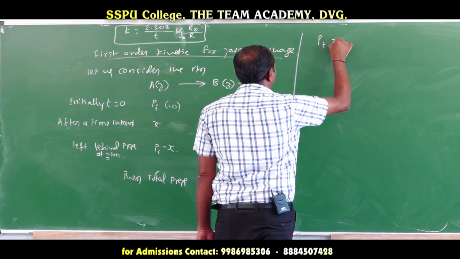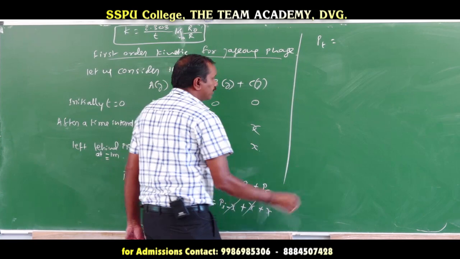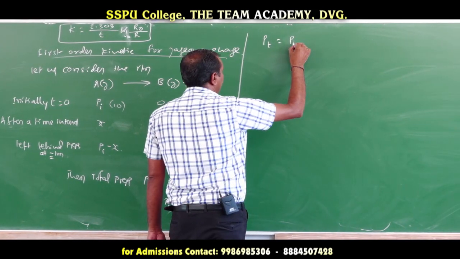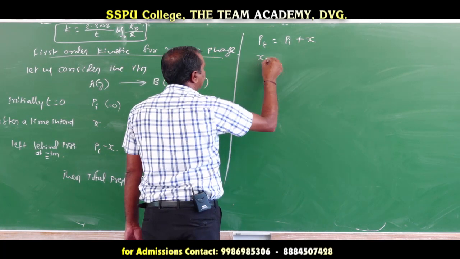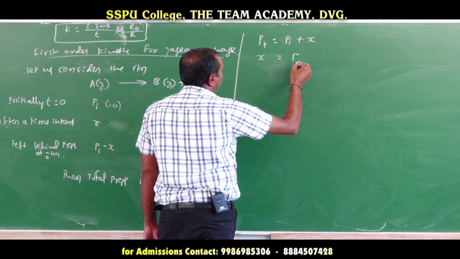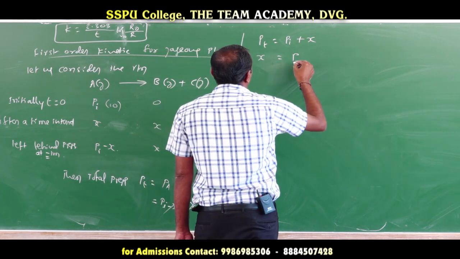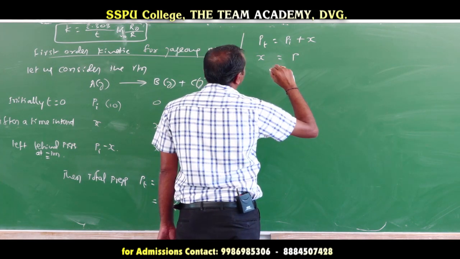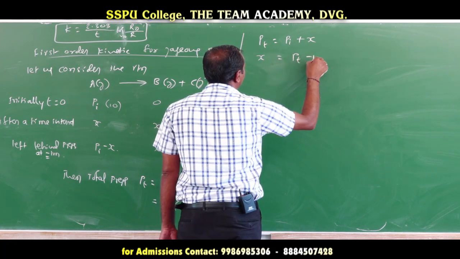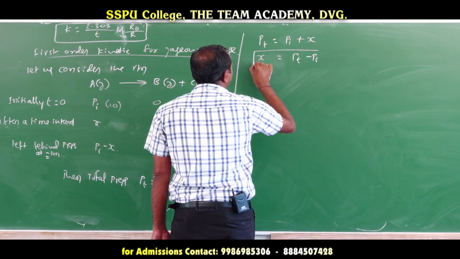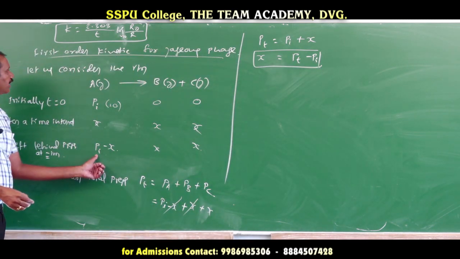Pt equals Pi minus x plus x plus x, so the x cancels, giving Pt equals Pi plus x. Therefore x equals Pt minus Pi.